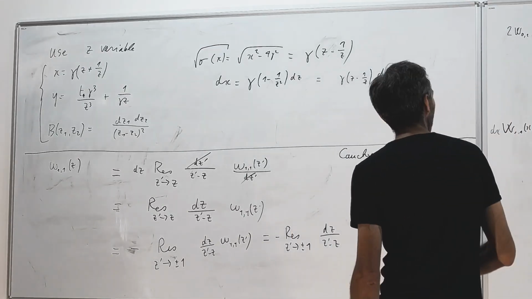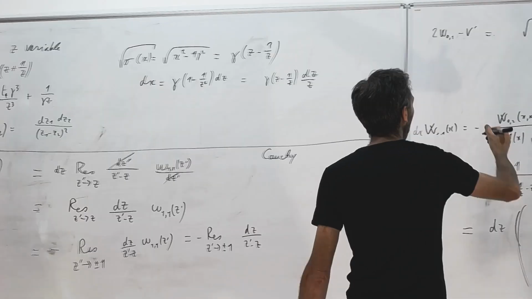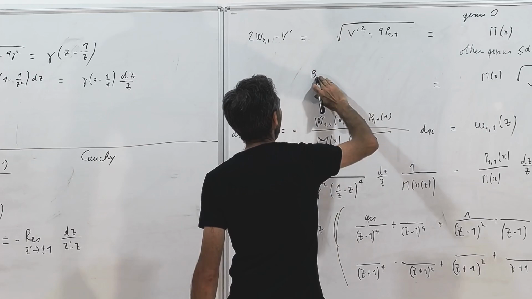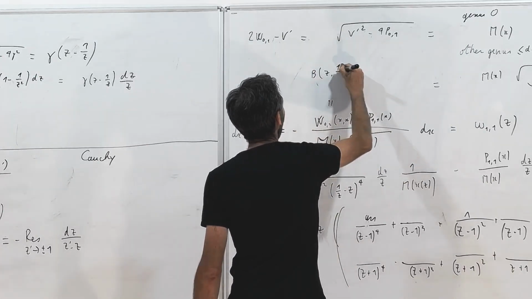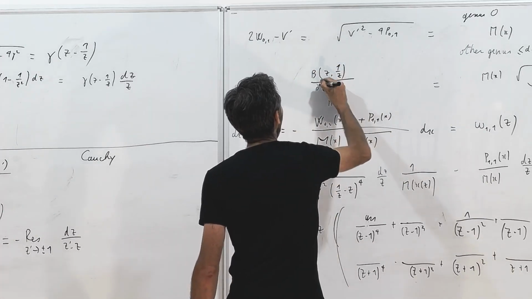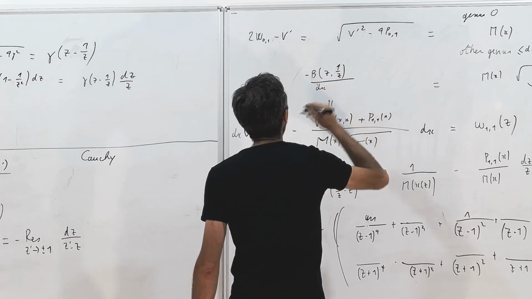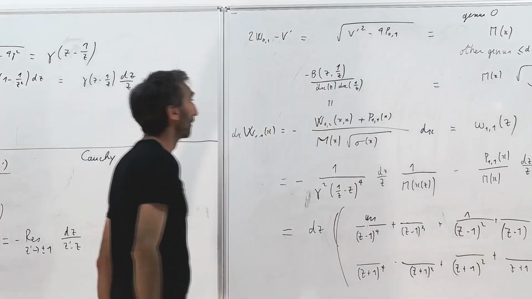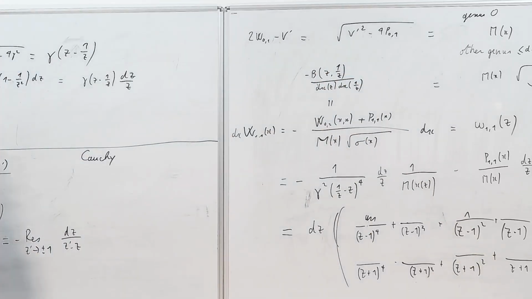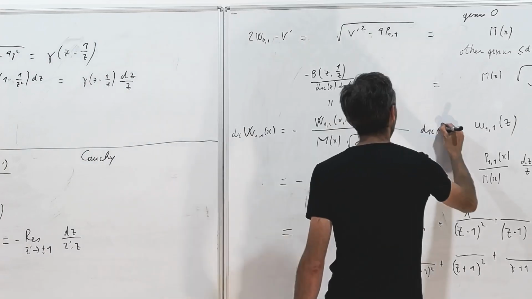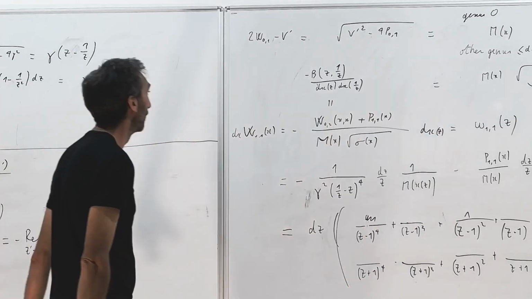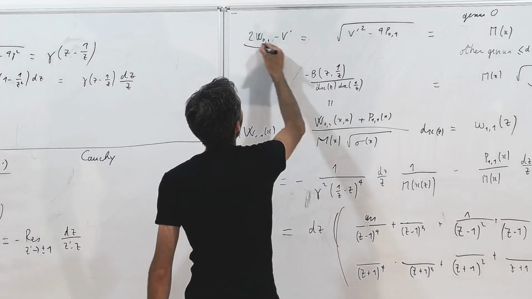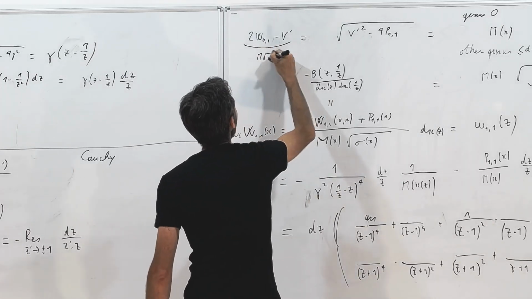So W02, let me recall that W02 of x, x. I remind you that this was b of z and 1 over z divided by dx, so, sorry, the minus sign, dx of z, dx of 1 over z. And this one is the dx of z. And m square root of sigma was this guy.